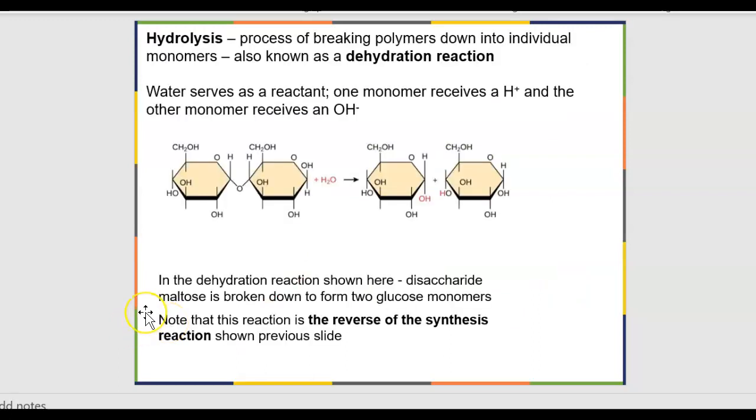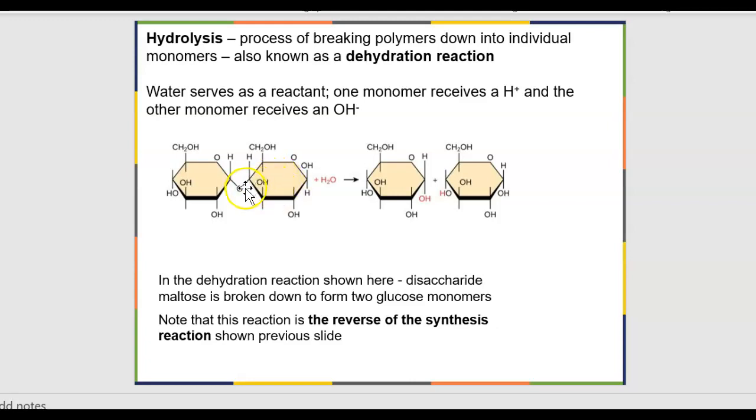Hydrolysis is the opposite. Hydro means water, and lysis means to break or to split. Hydrolysis is when polymers, which are larger units, like that disaccharide we just looked at, two sugars bonded together, can be split by the addition of water.